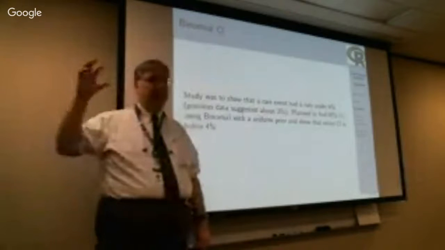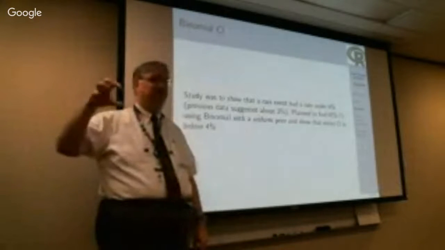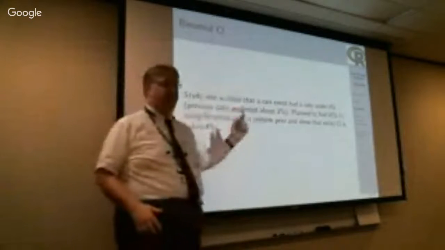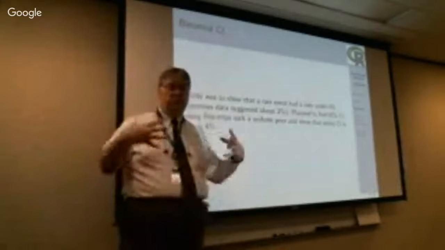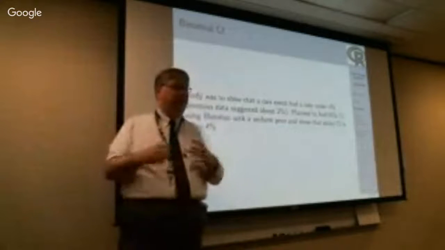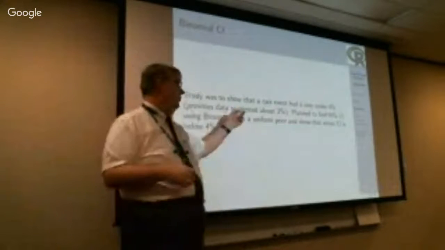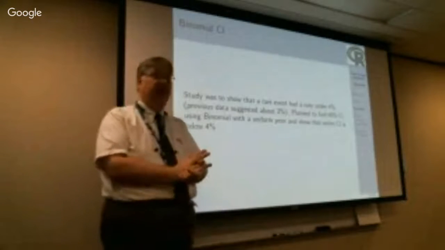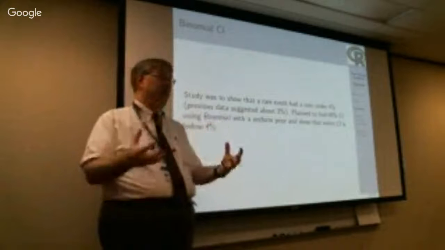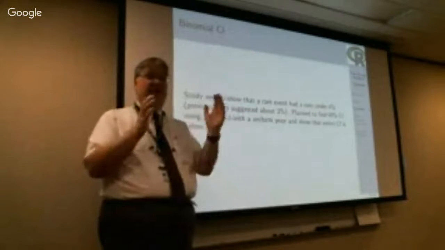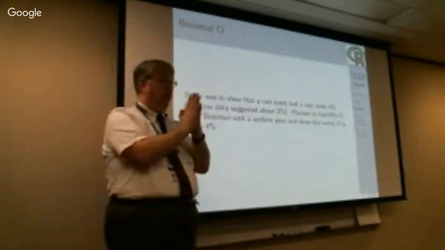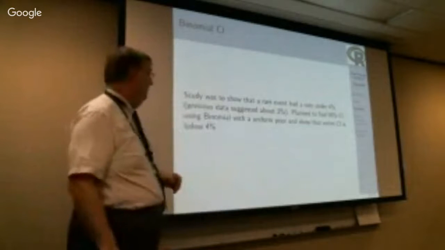So our goal was to have a confidence interval where the upper limit was less than 4%. It turned out that from past information, this particular thing at this particular hospital was around 2%. So we say, okay, if the truth is 2%, like we believe it is, how big of a sample size are we going to need so that the upper limit of that confidence interval is less than 4%, so we can say we're meeting that national guideline or exceeding it.